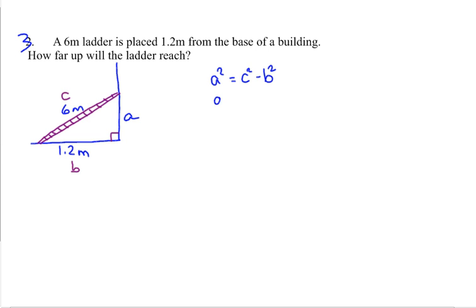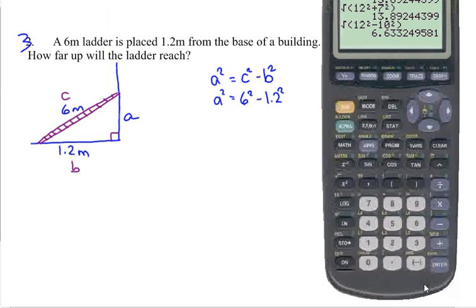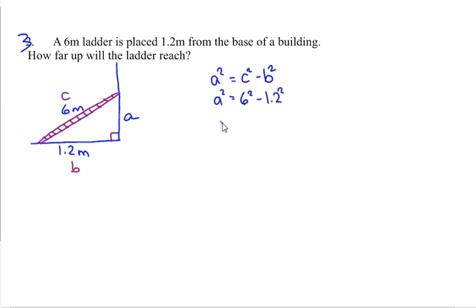Okay, so what is C? 6 squared minus 1.2 squared. Could we type that all into our calculator? Yep. 6 squared minus 1.2 squared. 34.56. And then what do we have to do to both sides to get A by itself? Are you guys with me?